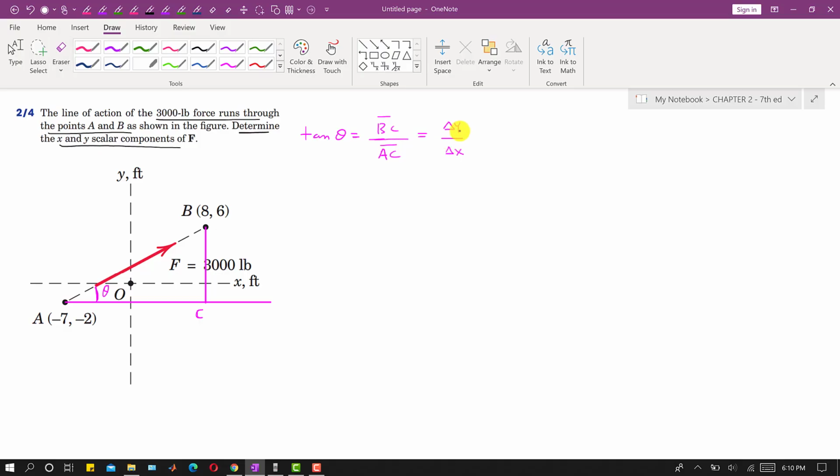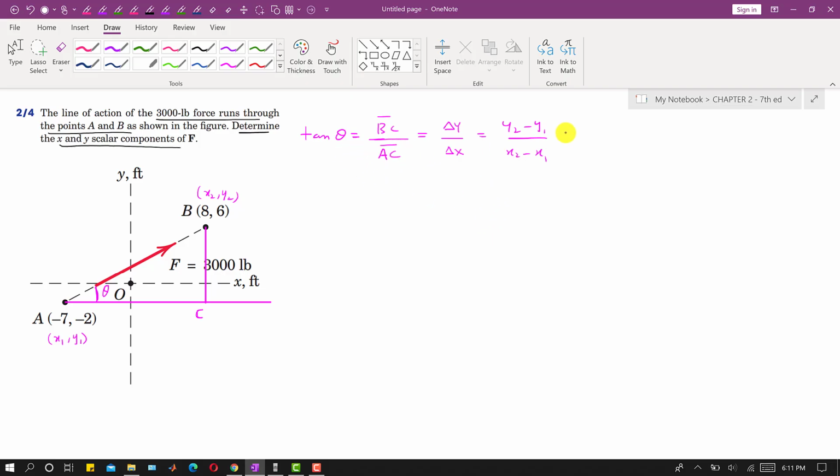So what is the meaning of change in y and change in x, right? Let's say that the coordinates of this point A are x1 and y1, and let's say this is x2 and this is y2, right? So change in y will be y2 minus y1, and similarly the change in x will be x2 minus x1, right?